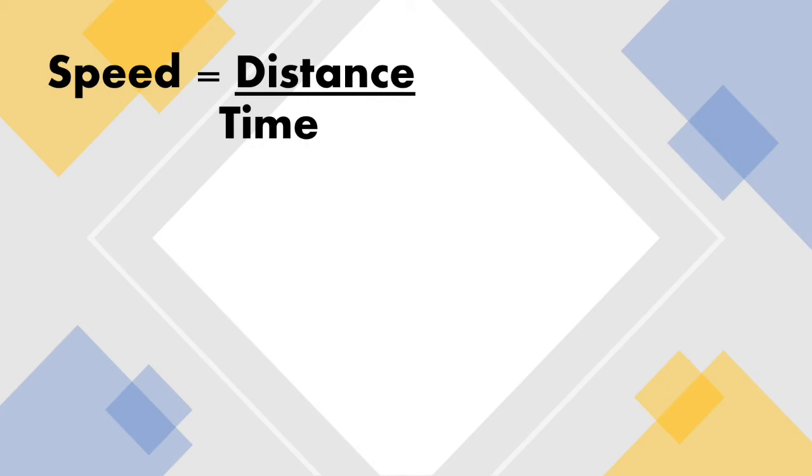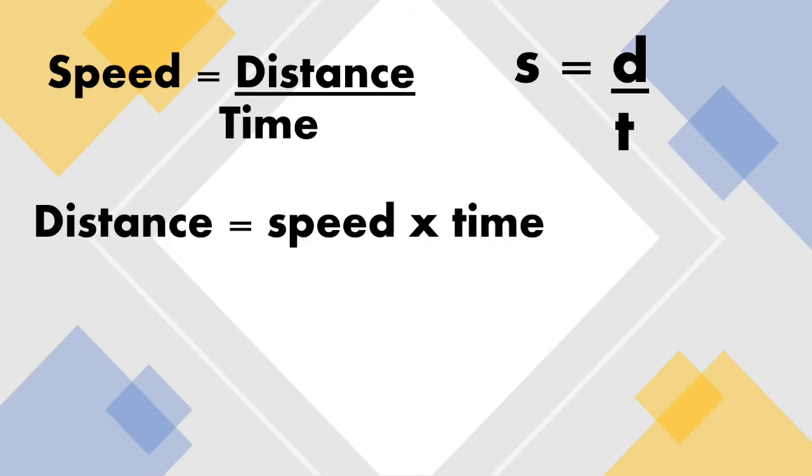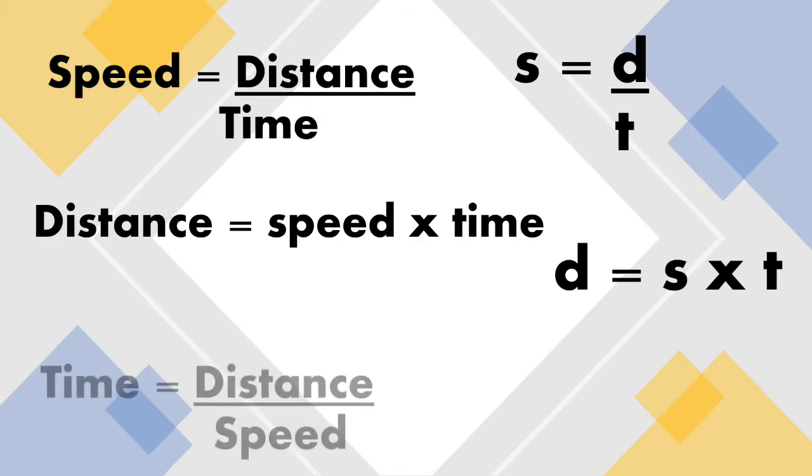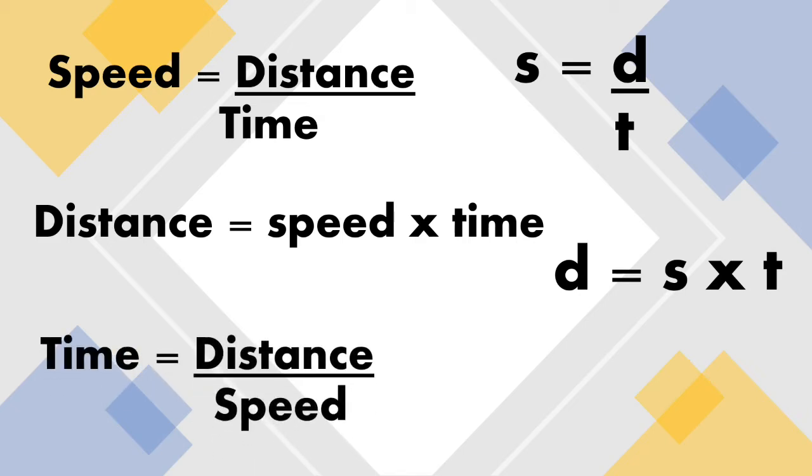Speed is equal to distance over time, or S = D ÷ T. For distance, it is equal to speed times time, or D = S × T. For time, it is equal to distance divided by the speed, so T = D ÷ S.